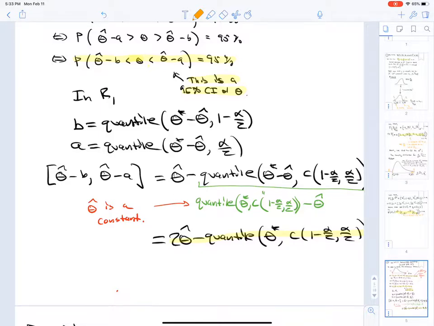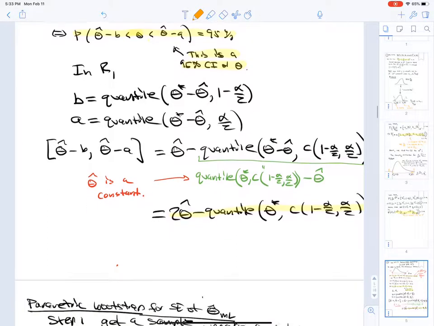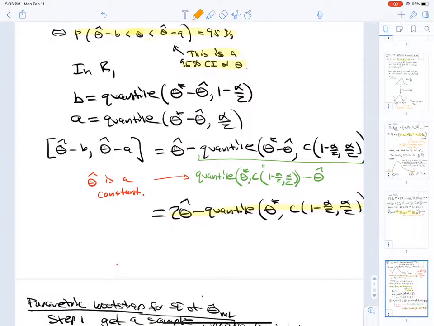Theta star minus theta hat is your list of 1,000 numbers, and alpha here is 0.05. And similarly, you can find A, and then your 95% CI you can write as 2 theta hat minus the quantile of theta star, and then this vector here.